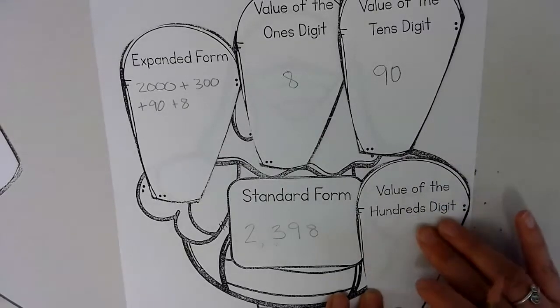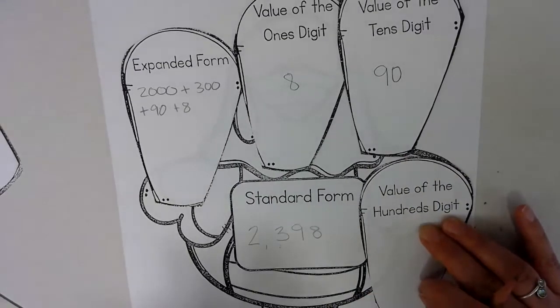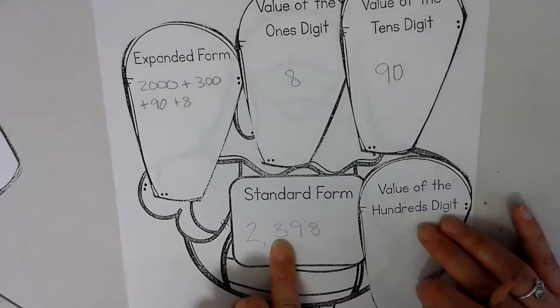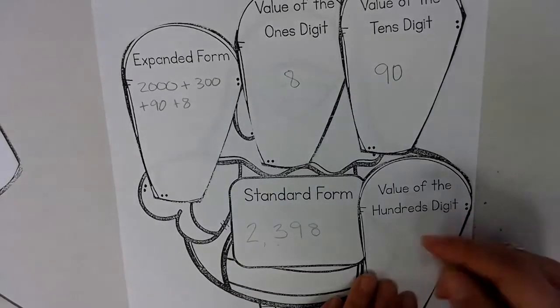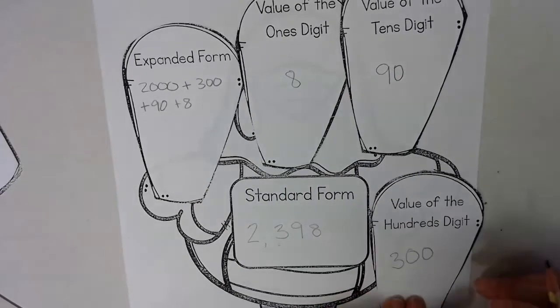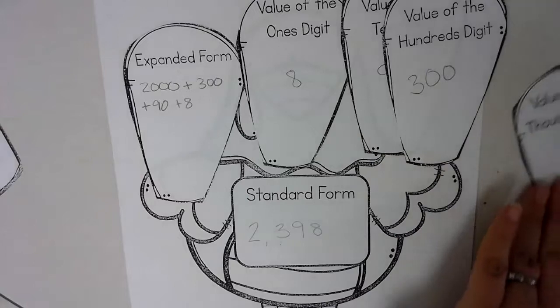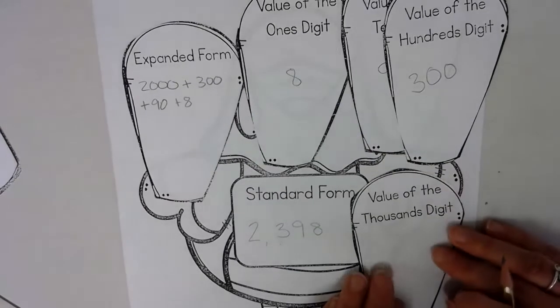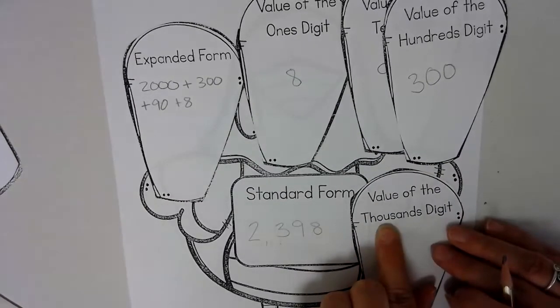Value of the hundreds digit. Where's the hundreds place? Here's the hundreds place. How much is that 3 worth? That 3 is worth 300. Value of the thousands digit. Where is the thousands place?